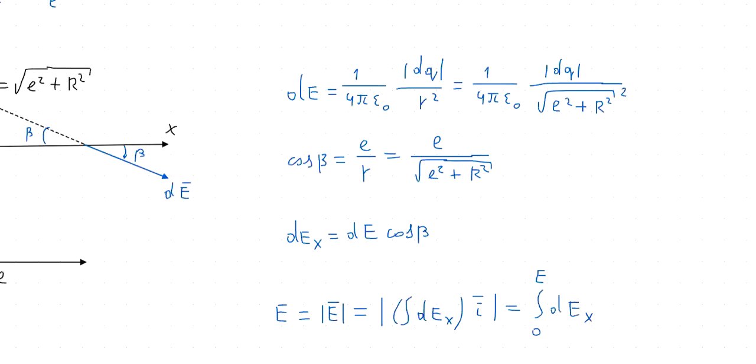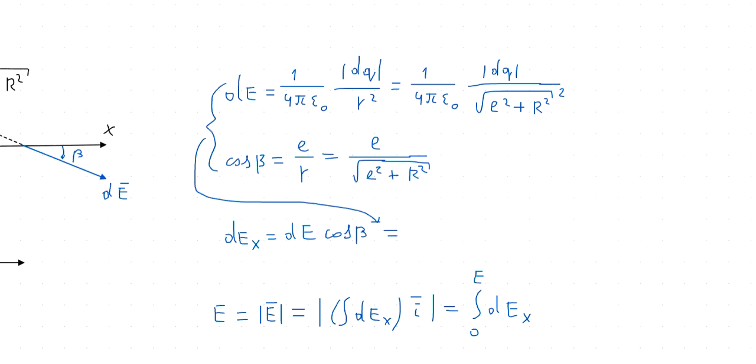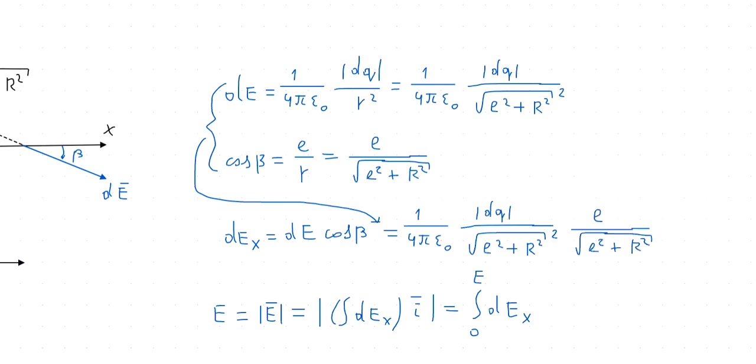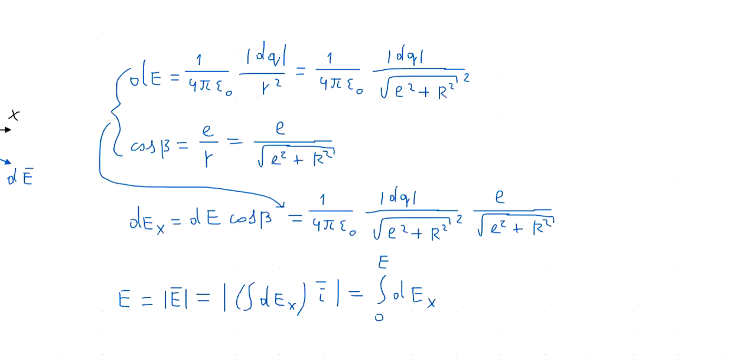Now, according to these two formulas, we have that it is equal to 1 divided by 4 pi epsilon 0, multiplied by L divided by this square root. We can a little bit simplify this.